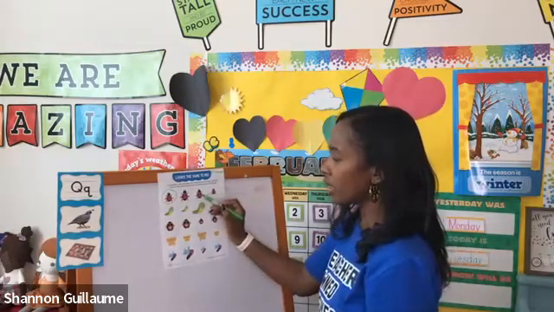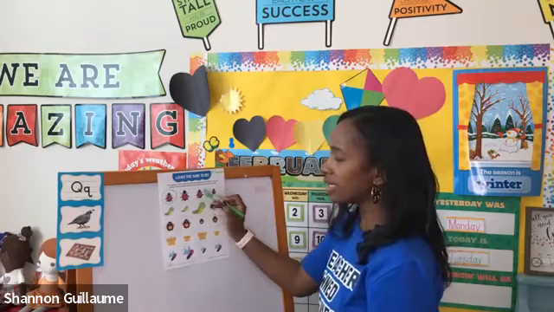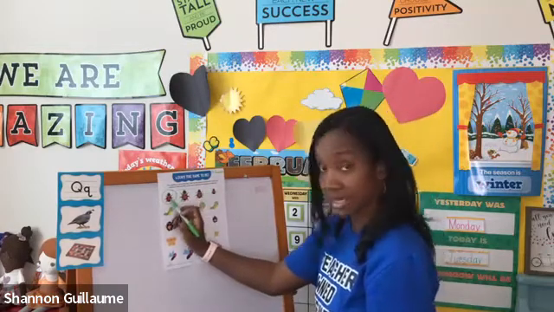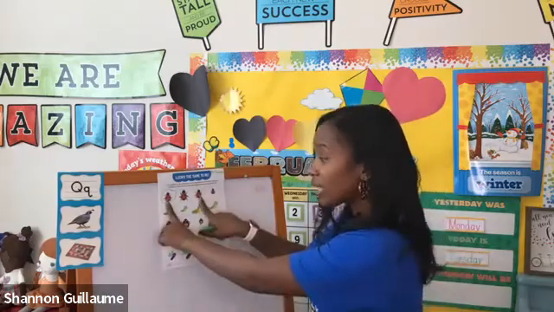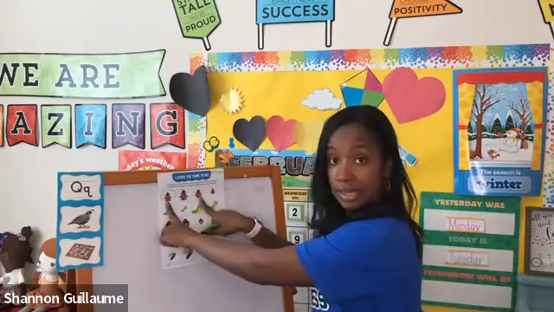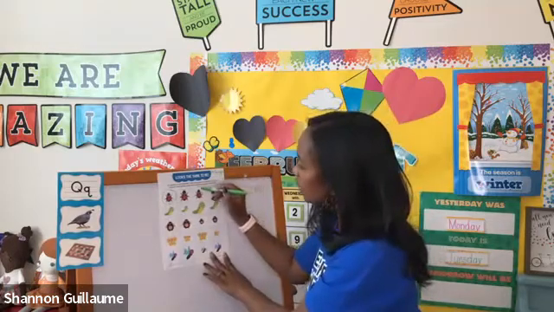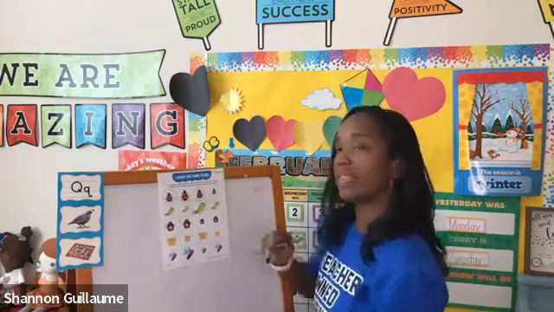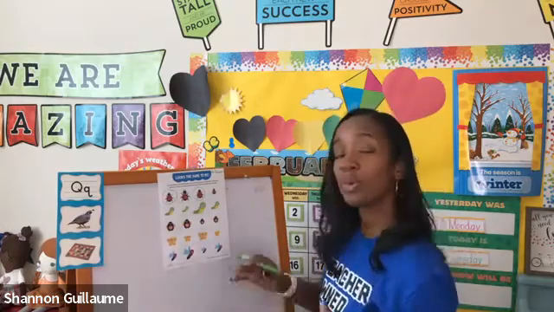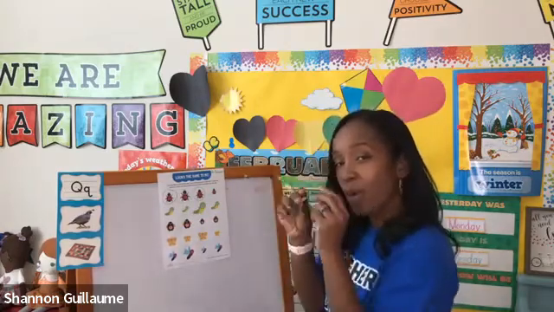What about this one? Is that ladybug the same size as that ladybug? It is. Don't they look exactly the same size? They do. So let's circle it. It can't be this one. This one is bigger than that ladybug, right? Remember when we talked about big and small?